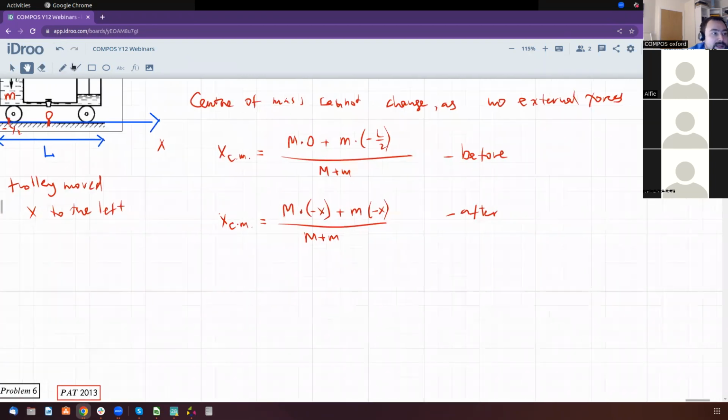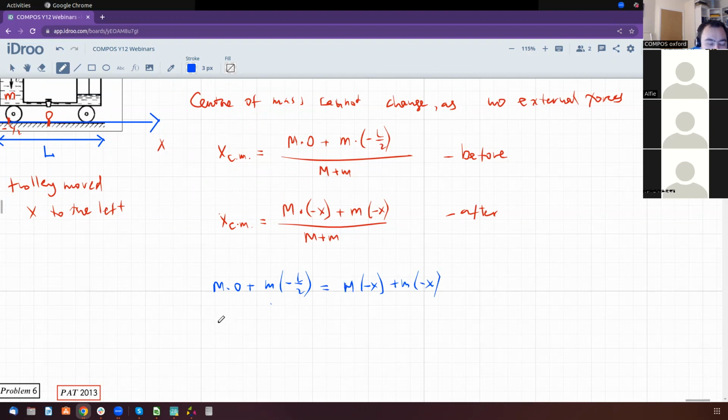And now this is equal to that. They have to be equal. So M times 0 plus m times minus L over 2. We can ignore the denominators, equal M times minus x plus m times minus x. So this goes to the left, this goes to the right.